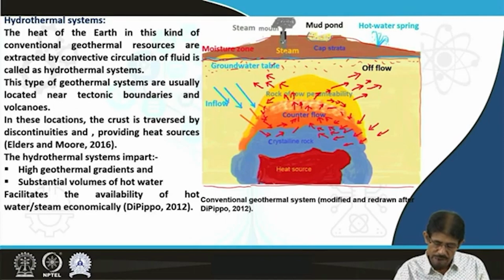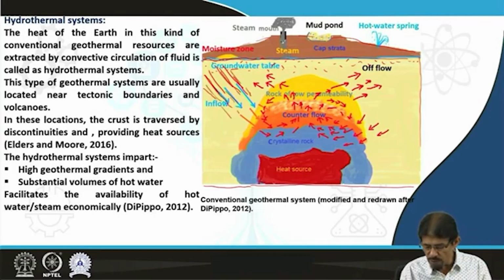The movement of the groundwater through the strata is toward the heat source, and when such inflow of water interacts with the heat source, due to the change in temperature condition, there is the development of a convection current type of situation.